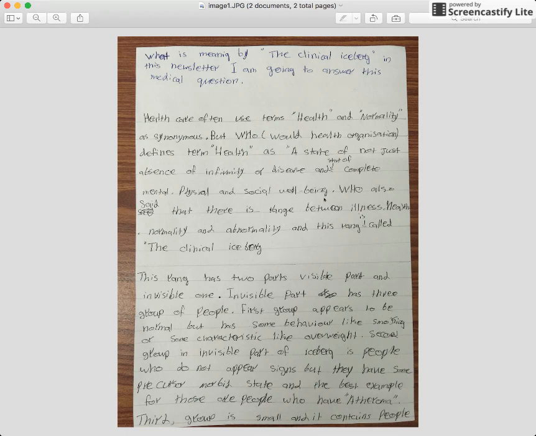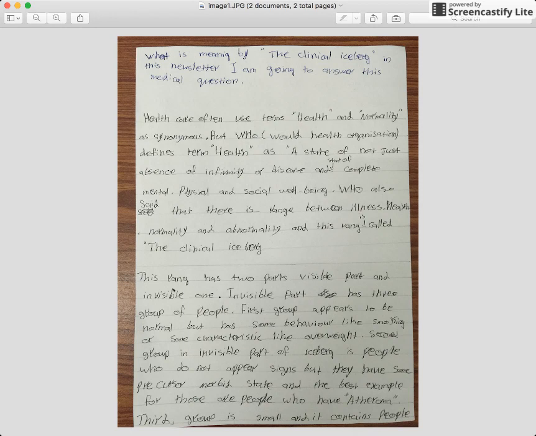You're just defining that. WHO also said that there is a range between illness, health, normality, and abnormality, and this is called the clinical iceberg. Actually, no, it's not. The range is not the clinical iceberg. The way that we're looking at it is the clinical iceberg, okay? So it's a little different.